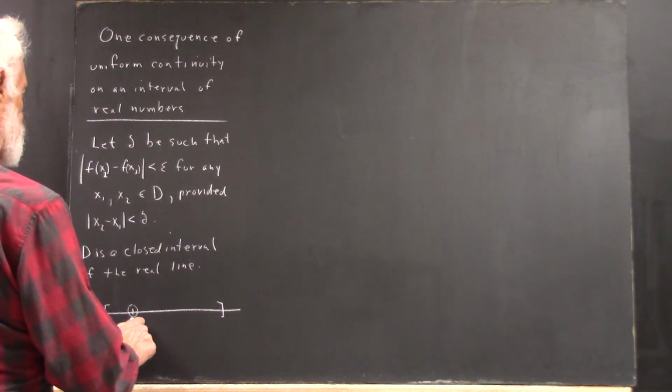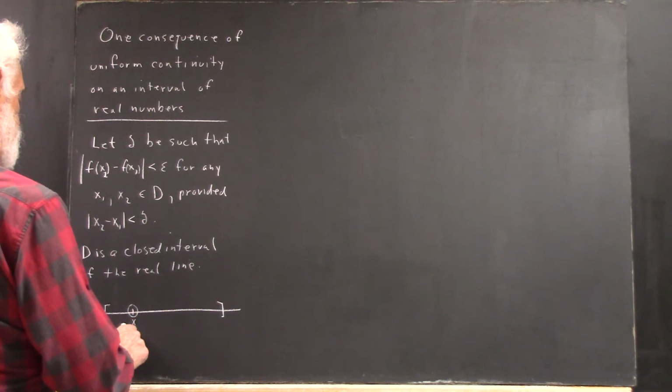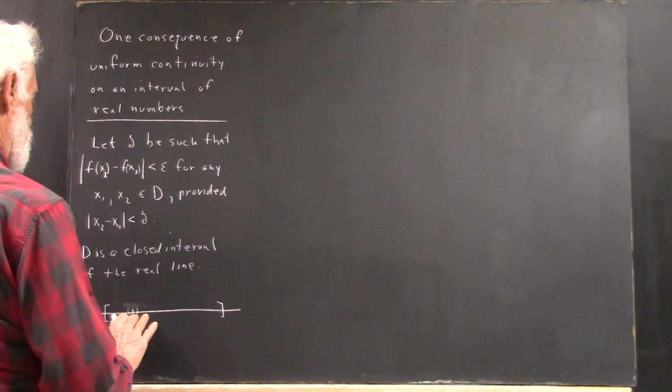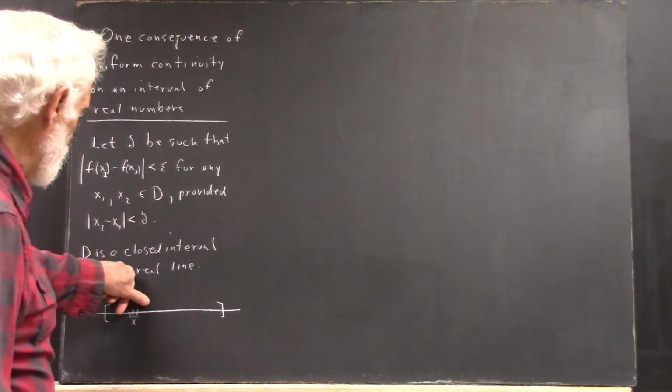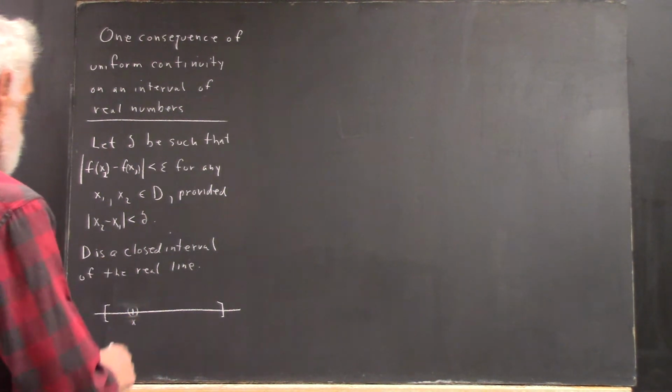Okay, if this is x, then this interval, and let me just indicate it by the standard open interval. I'm thinking more generally to higher dimensions and open balls, so I drew a circle. Okay, here's x.